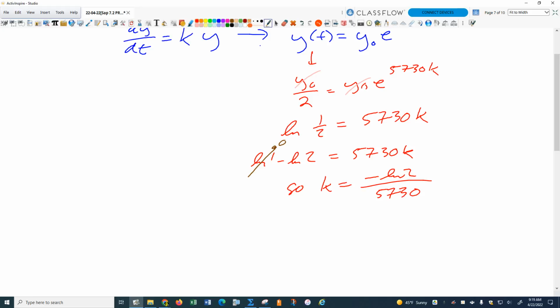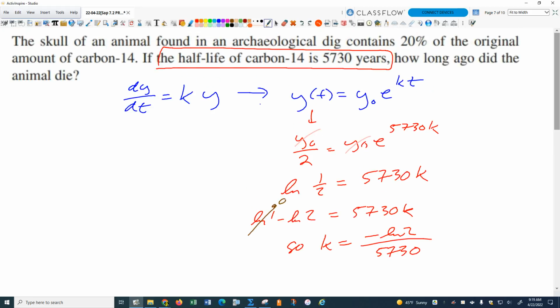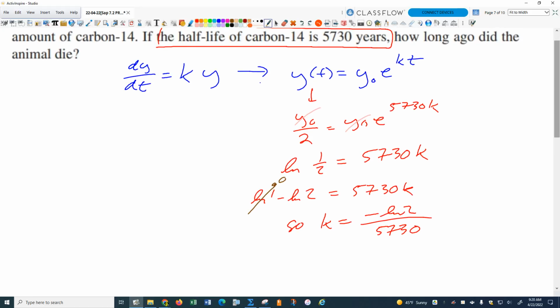So if we plug that back into our model, we get y of t equals y naught e to the negative log 2 over 5730 t.